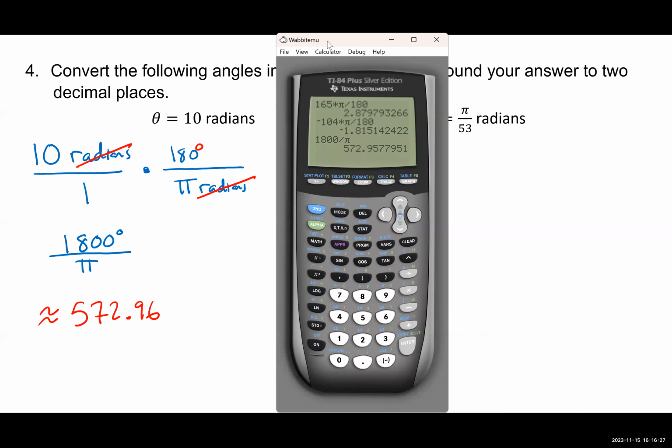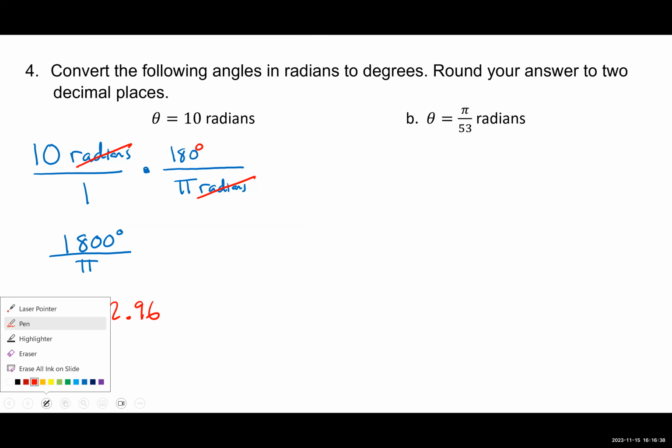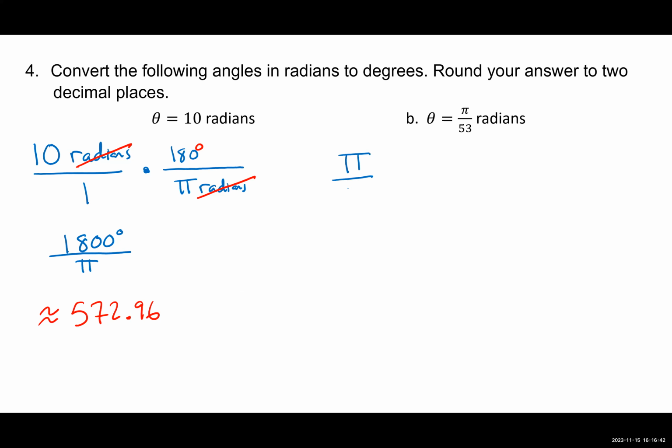All right, next one. The same thing. We have an angle that's given in radians. Theta equals pi over 53 radians. Convert that to degrees. So we'll take pi over 53 radians and multiply by 1, so multiply by 180 degrees over pi radians.